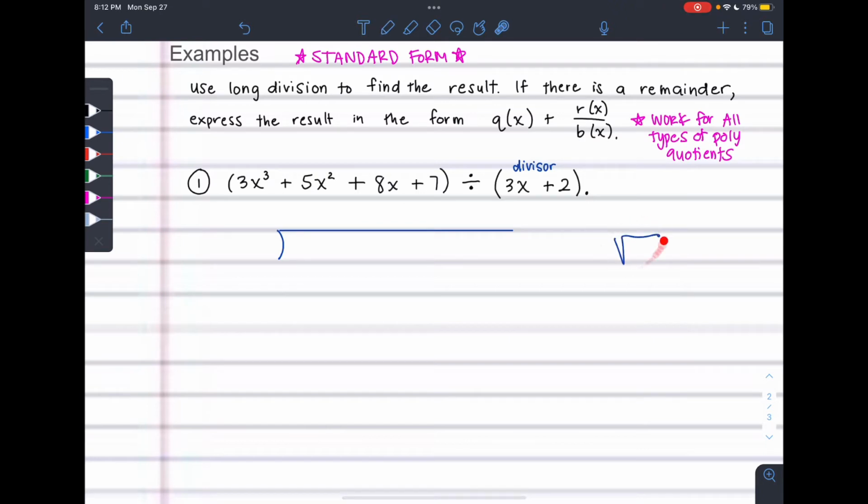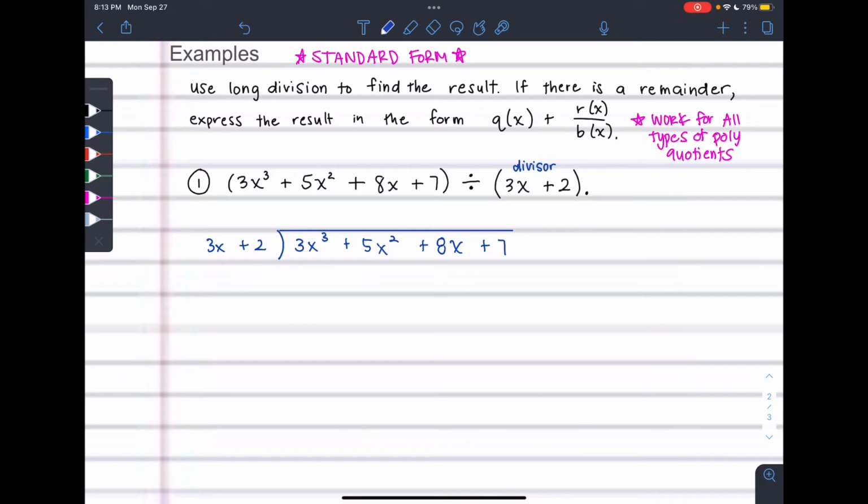This is a square root, but the division symbol is just a door. There's no hook on it. So don't make that mistake. All right. So the dividend goes inside. And then the divisor will go to the left, 3x plus 2.